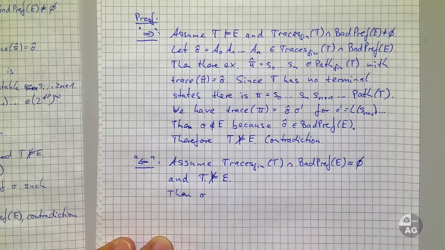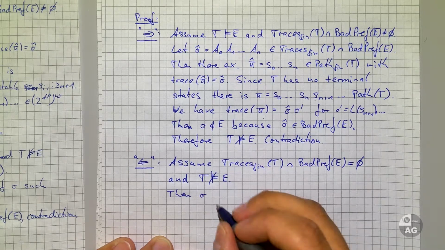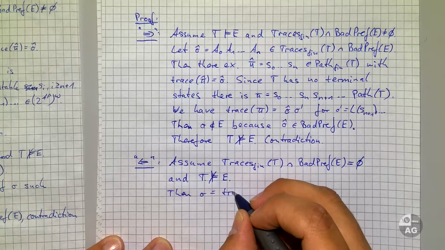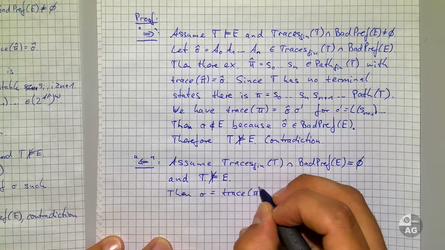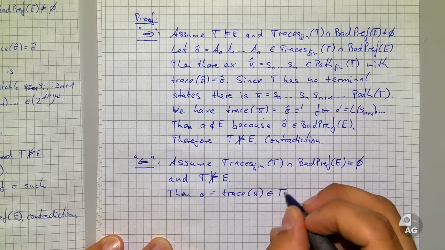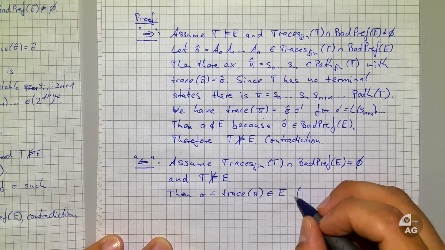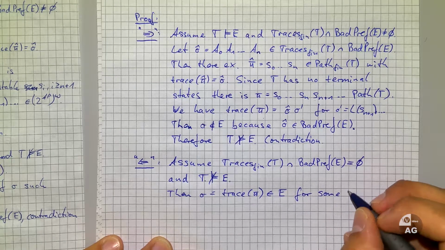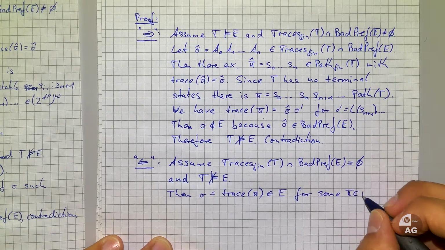So, if the transition system does not satisfy the linear time property, that means there is a trace in the transition system that's not contained in E. That's the very definition of the satisfaction relation. So we have that for some path pi, its trace sigma is not contained in the linear time property.